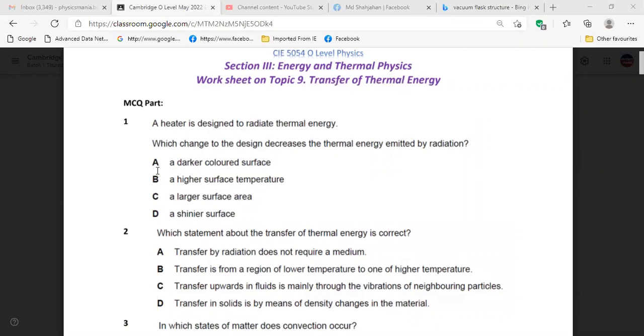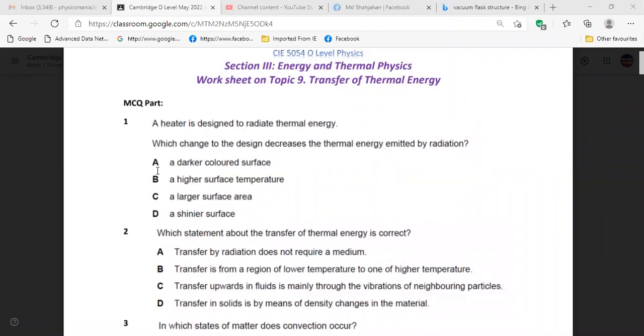A shinier surface. Can you please explain how your answer is correct? We have notes on it, right?